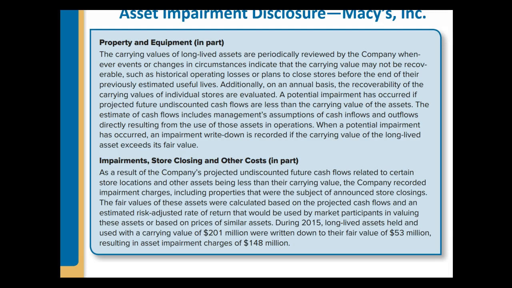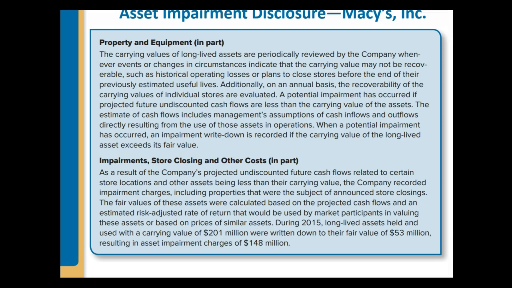Well, the estimate of cash flows includes management's assumptions of cash inflows and outflows directly resulting from the use of those assets in operations. When a potential impairment has occurred, an impairment write-down is recorded if the carrying value of the long-lived asset exceeds its fair value.